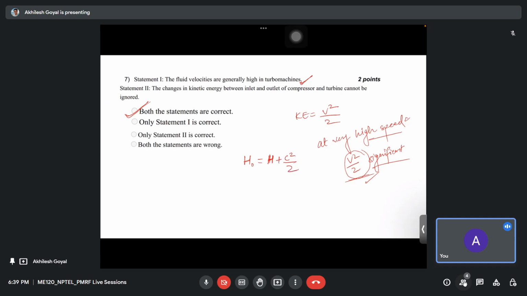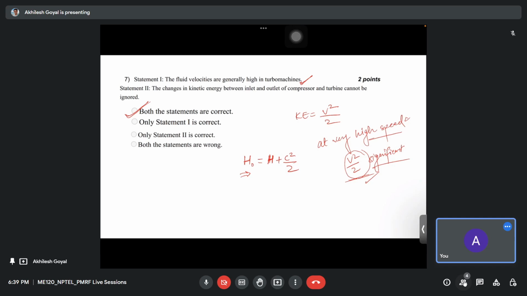Okay. So this stagnation enthalpy is considered as the enthalpy of a system or a flow if this flow is brought to a halt, or brought to stationary.